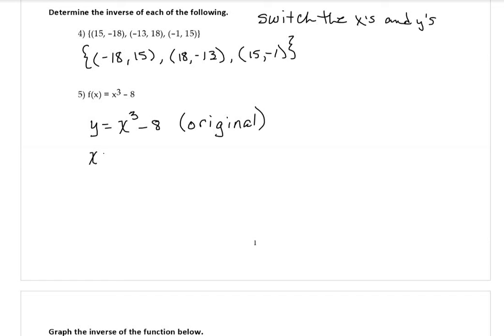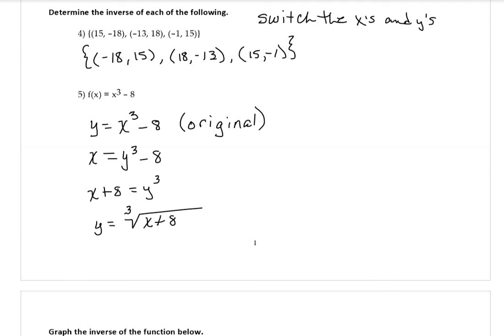So this becomes x equals y cubed minus 8. And I have to solve for y. So add 8 to both sides. So I get x plus 8 equals y cubed. Then take the cube root of both sides. So I get y equals the cube root of x plus 8.